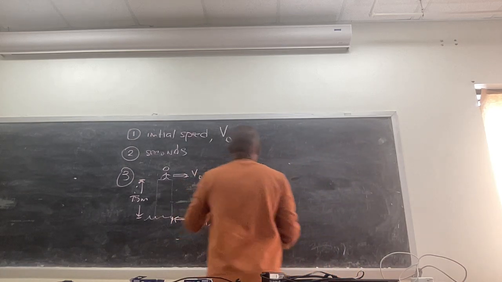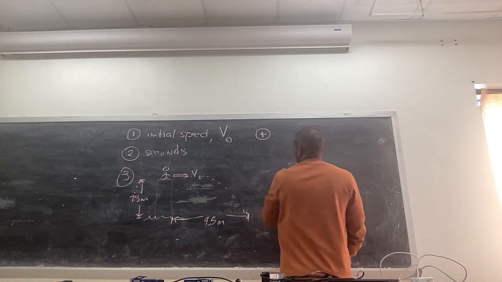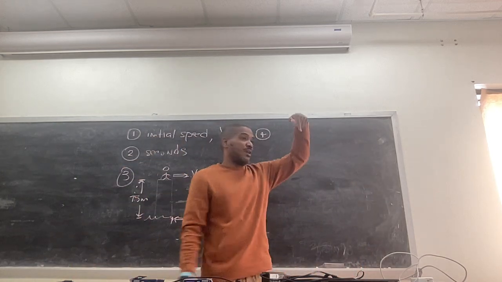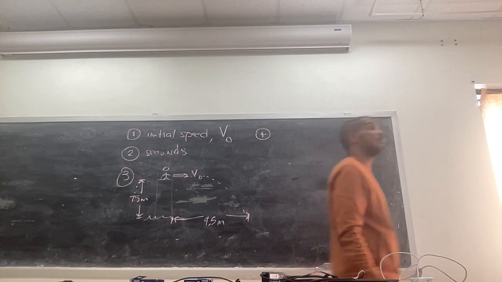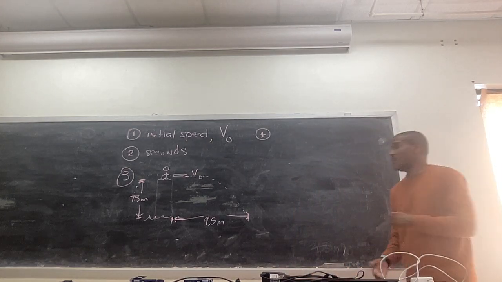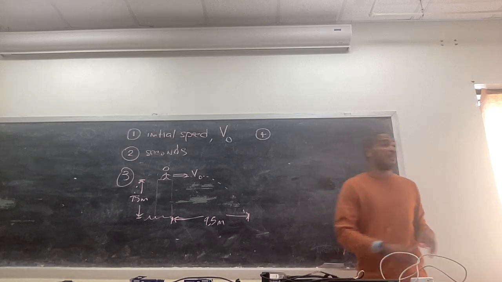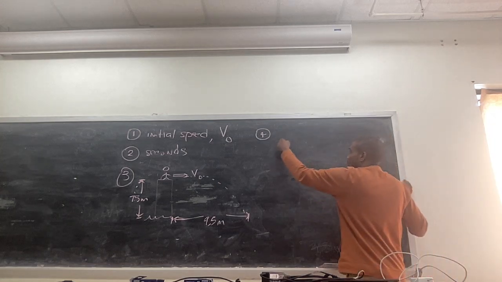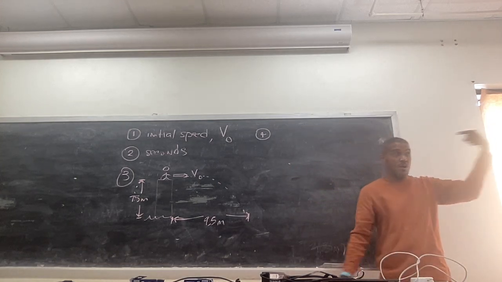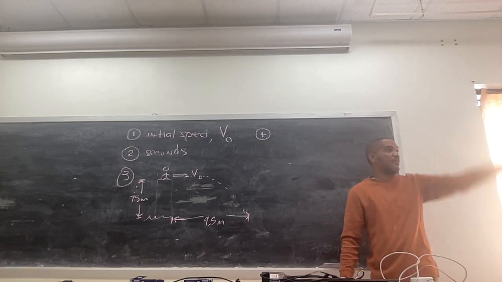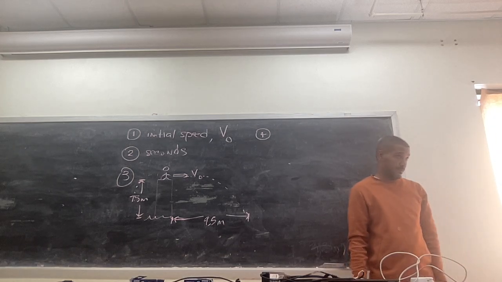Let's go to step 4. In the y direction, what is the acceleration? Which is what we call gravity. So we're going to use the constant acceleration equation, only instead of x horizontal, we're going to use y, which represents vertical.